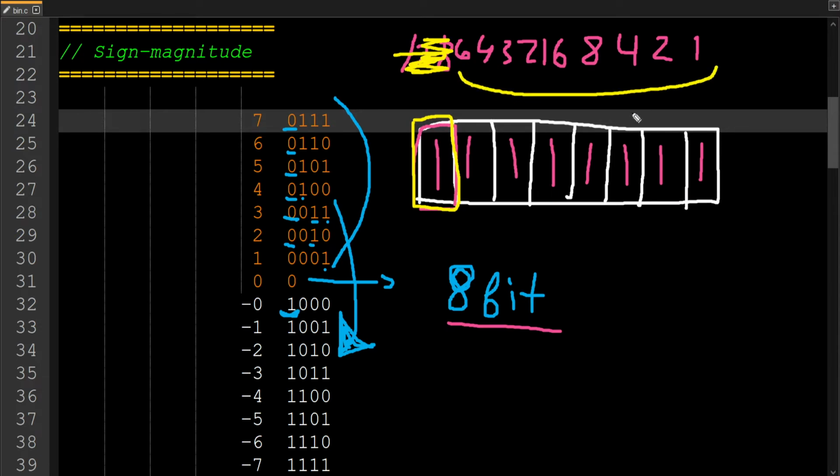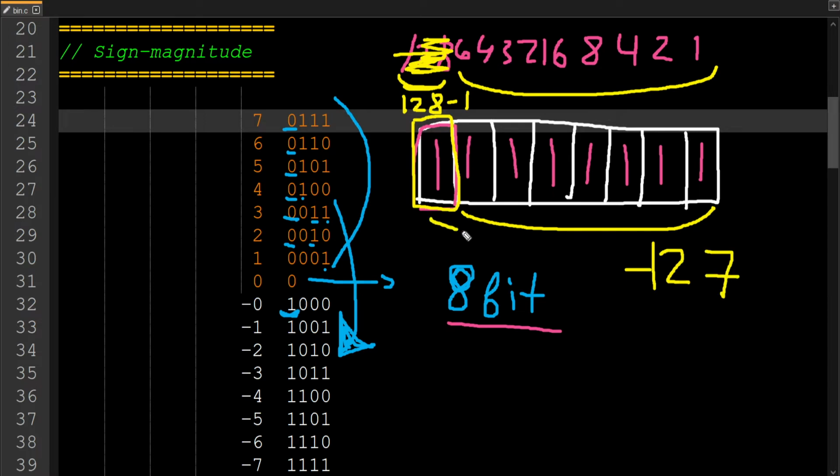An easy way to calculate this number is to take this maximum value, which is 128, and subtract 1. Then it will be 127. So this number in the negative way represents -127.